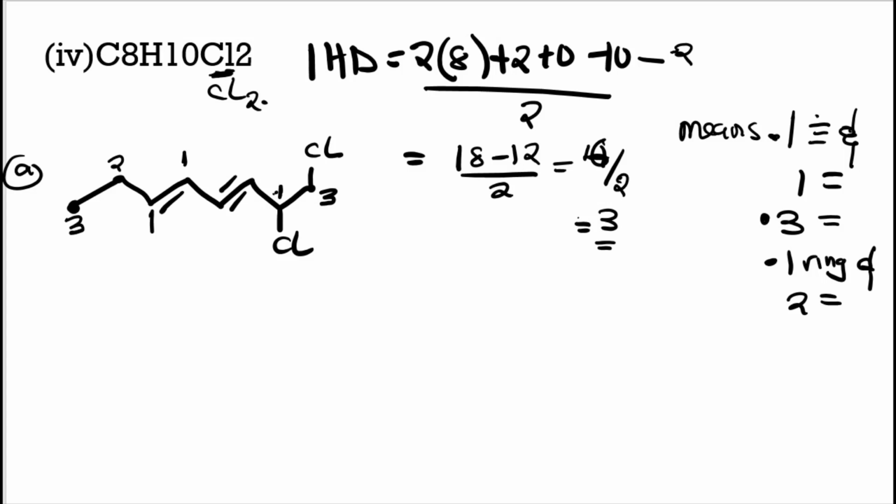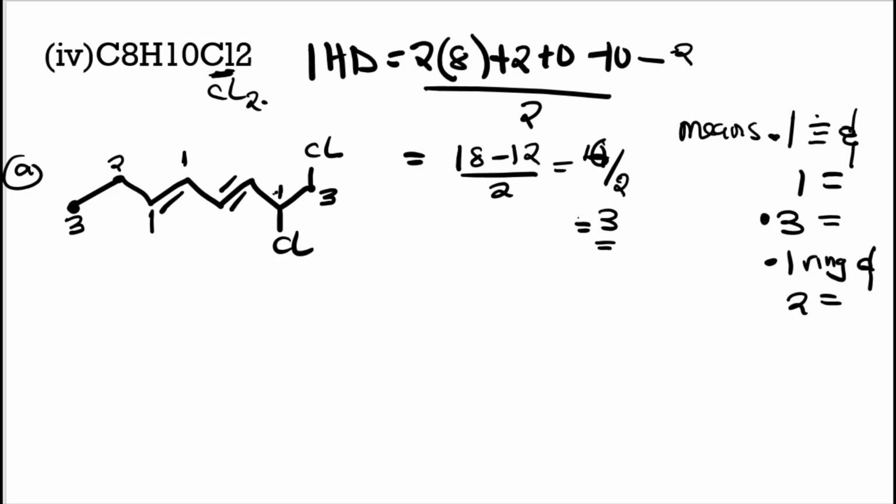So the number of hydrogens that we have: 3 plus 1, 4, 5, 6, 7, 8.